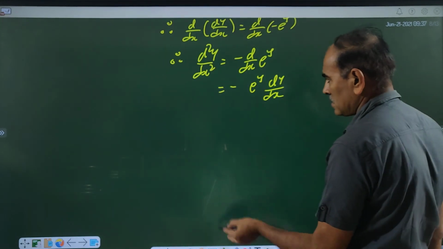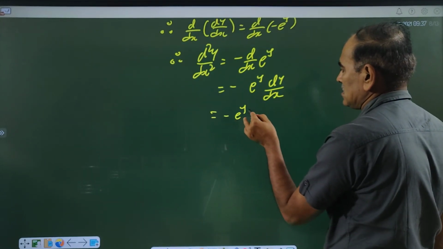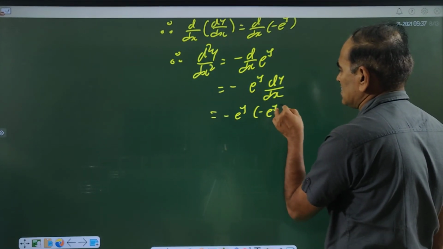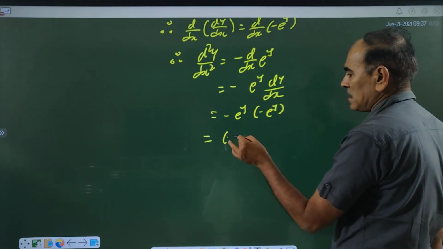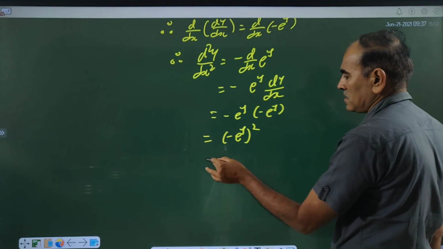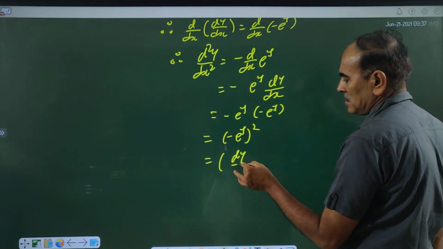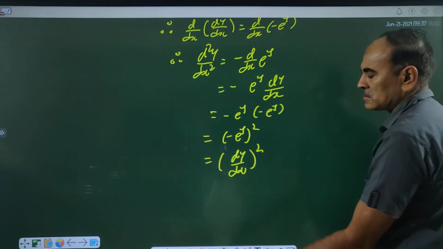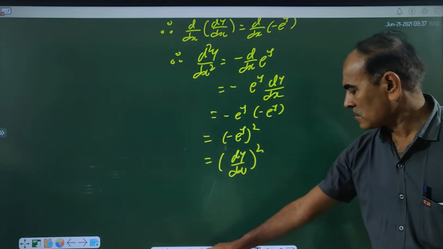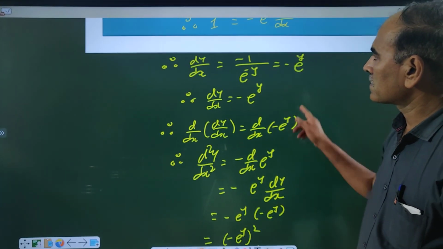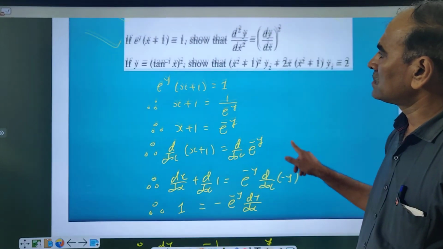So what we get? Minus e raised to y into minus e raised to y, dy by dx is minus e raised to y. So what we get? Minus e raised to y whole square is nothing but dy by dx whole square. Yeah, that thing we want to prove here.